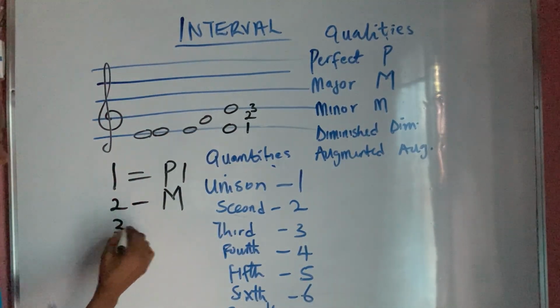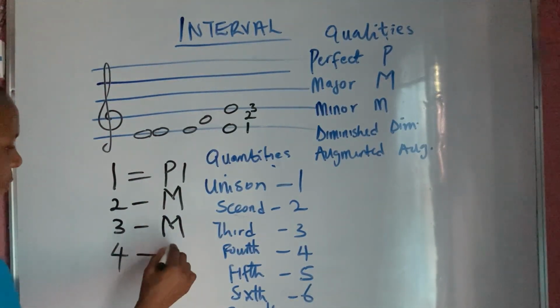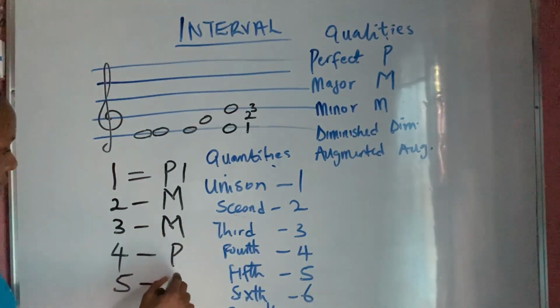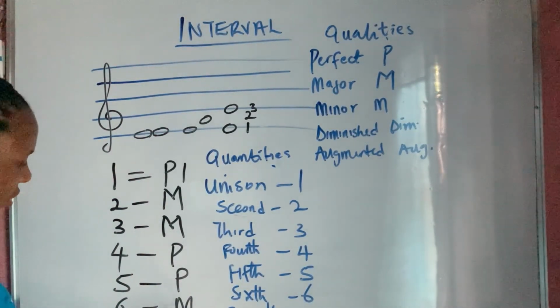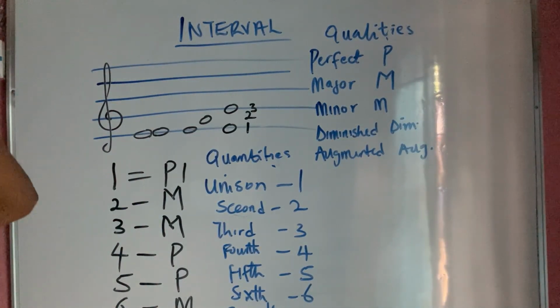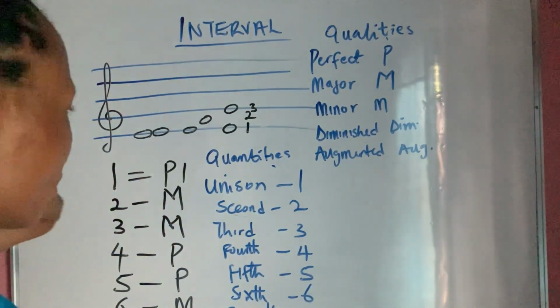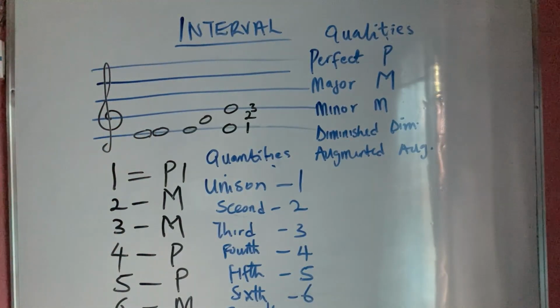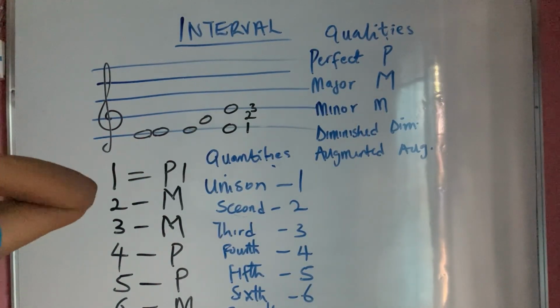Then 3 is major, 4th is perfect, 5th is perfect, 6 is major, 7 is major, 8 is perfect. So please understand this first, that one unison is perfect, second is major, then third is major, fourth is perfect, fifth is perfect, 6 major, 7 major.